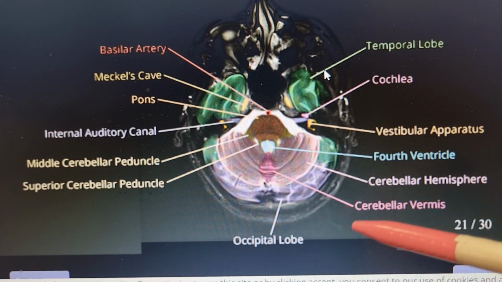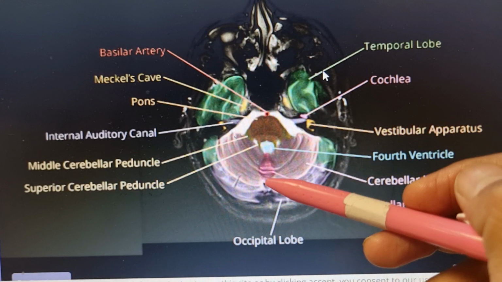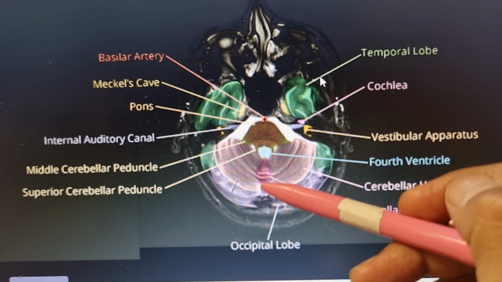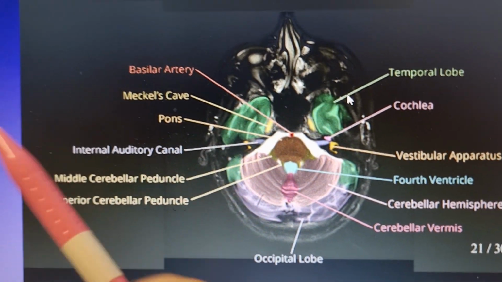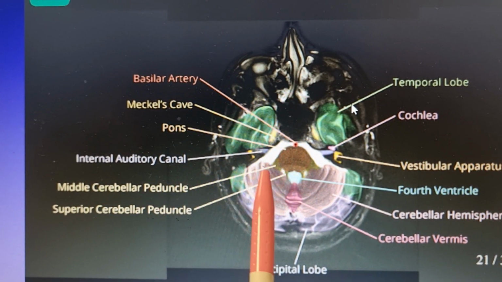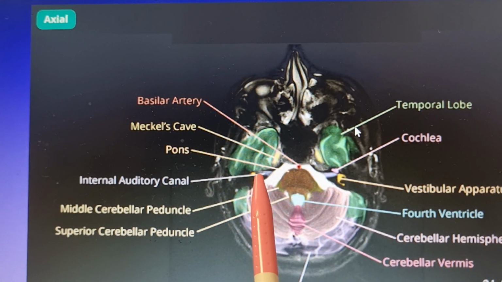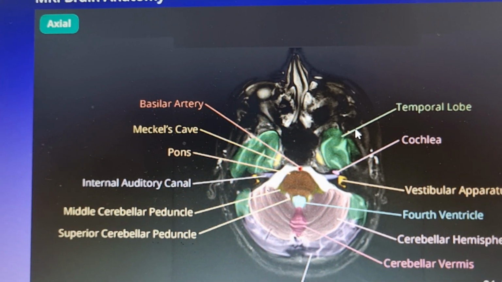This is the cerebellar vermis, which is related to truncal stability, holding the truncal posture. These are the superior and middle cerebellar peduncle. Then the internal auditory canal here. This is the pons.